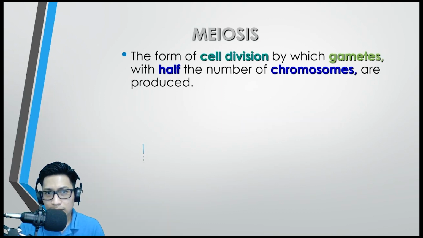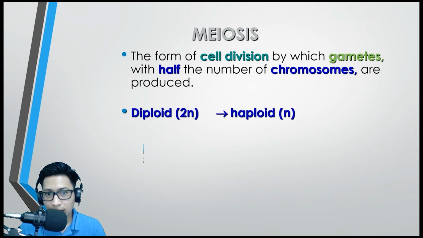Now, meiosis is the form of cell division by which gametes with half the number of chromosomes are produced. This is the major difference between meiosis and mitosis. In mitosis, the cell division produces daughter cells with the same number of chromosomes as the parent cell, while in meiosis, the cell division produces gametes that contain only half the number of chromosomes.